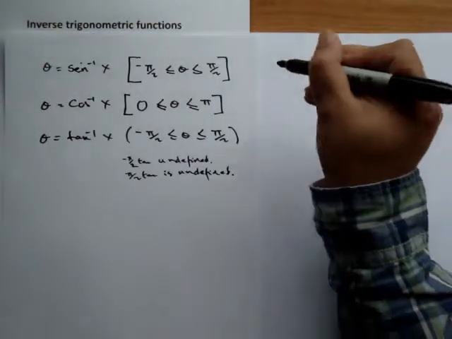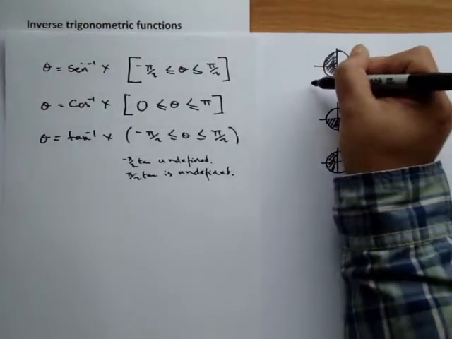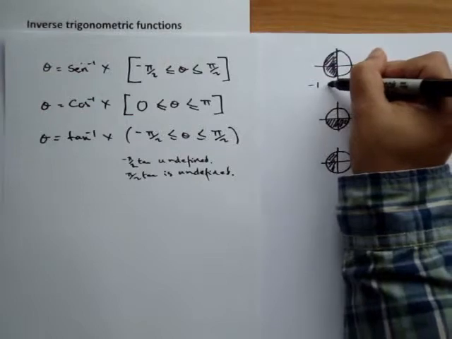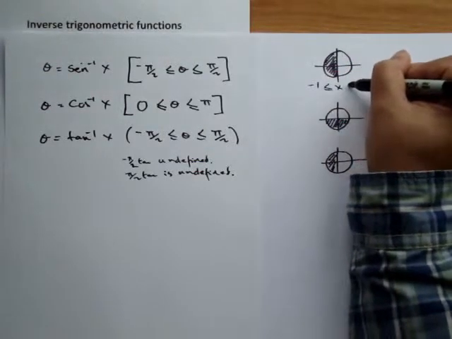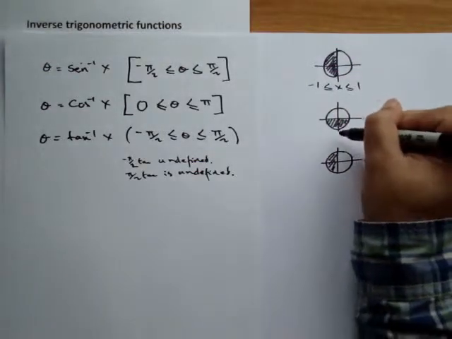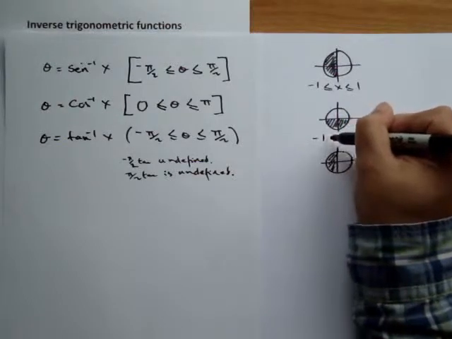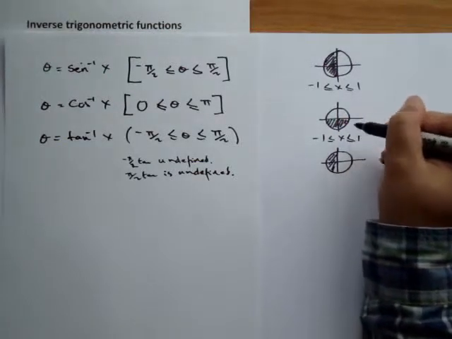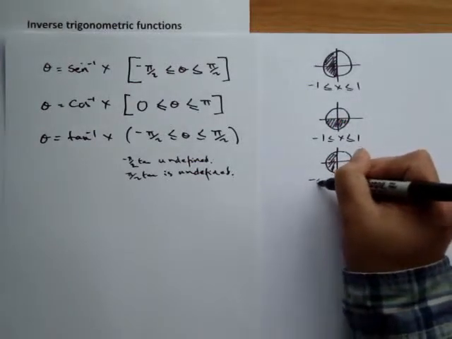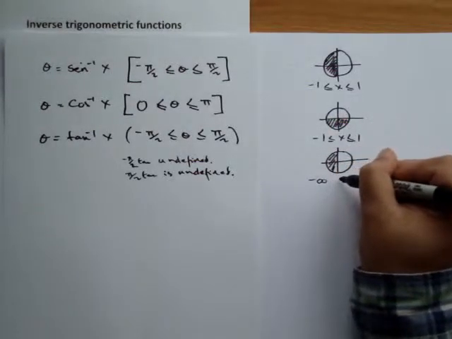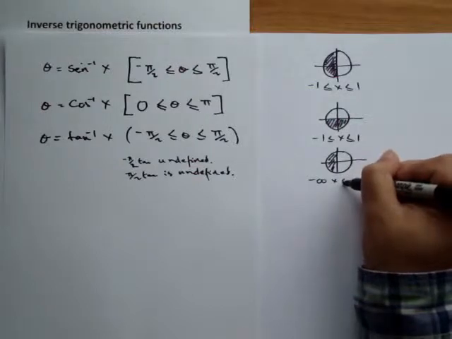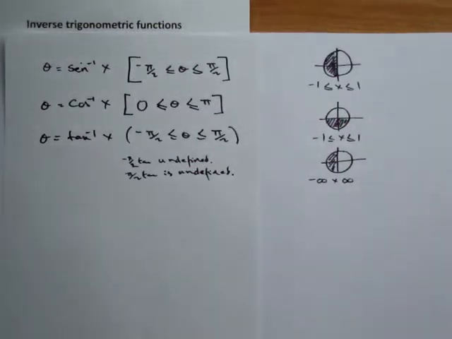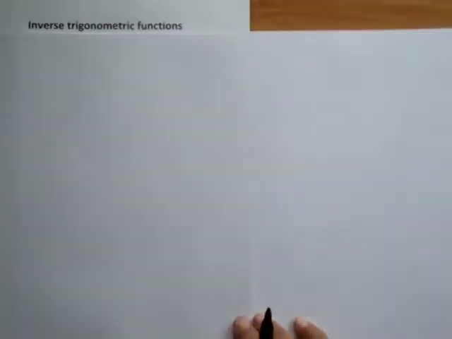If we look at the range, this is from -1 to 1. This is from -1 again to 1, and this is from -infinity to infinity.